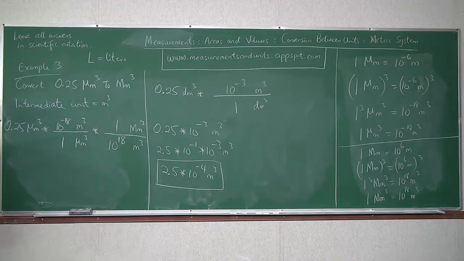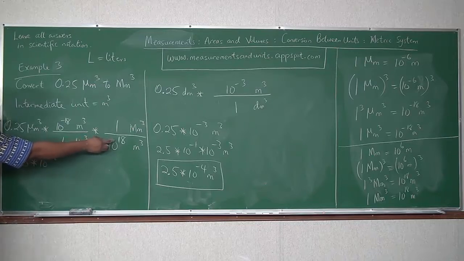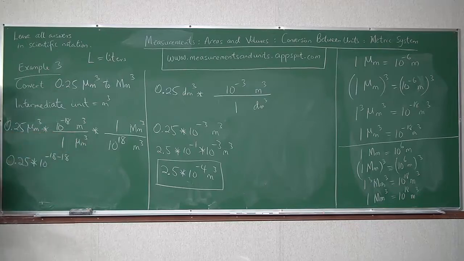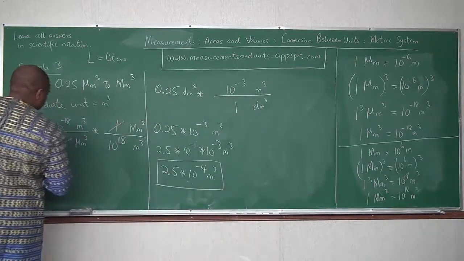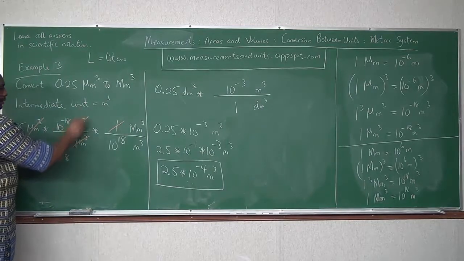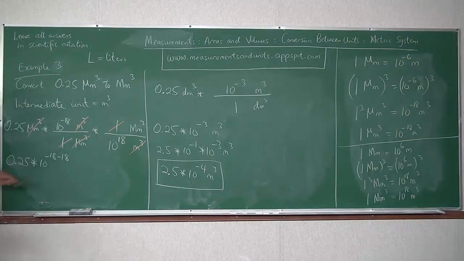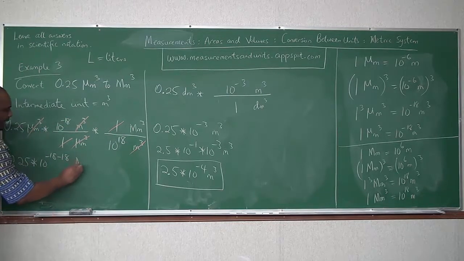Okay, so this will now be 0.25 times 10 to negative 18. Now, you bring this up here, it is minus 18 also. Law of exponents. 1 crosses out 1. Micrometer cube crosses out, meter cube crosses out. So you bring this up here, then megameter cube.